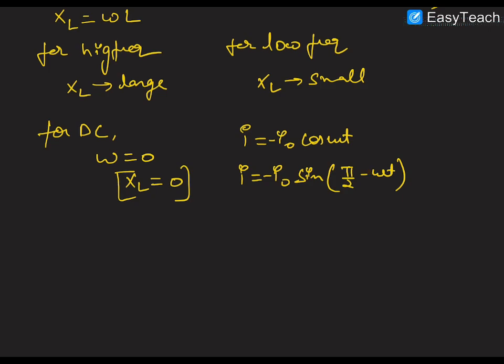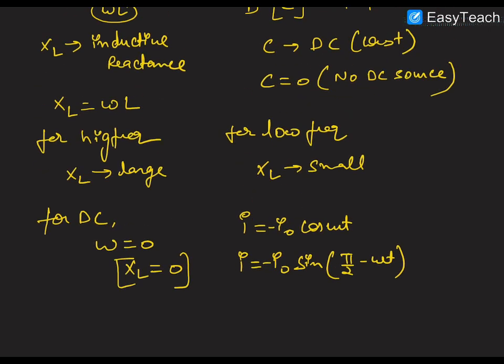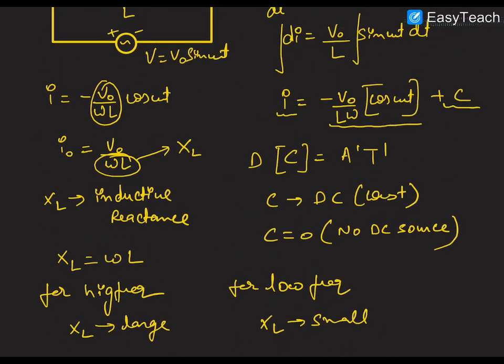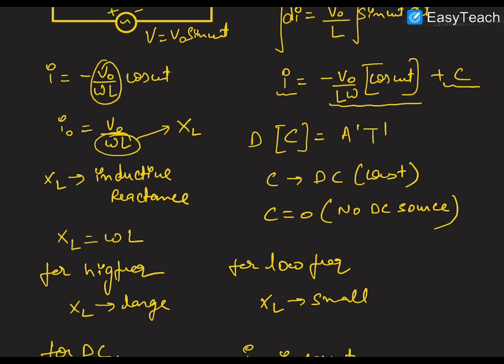If I had written this as pi by 2 plus omega t, which is trigonometrically correct, but if the negative sign goes inside that function, then omega will become negative, which is incorrect because we cannot give omega a negative sign, as originally omega has a positive sign.